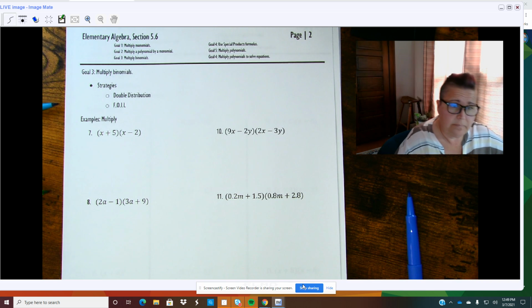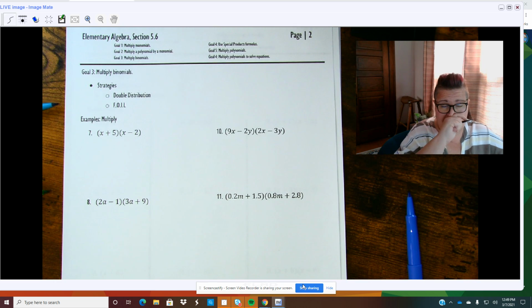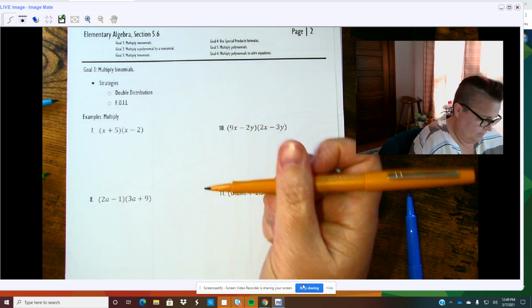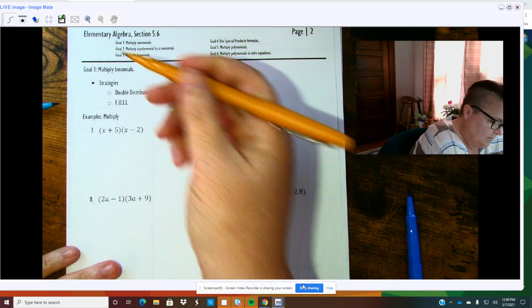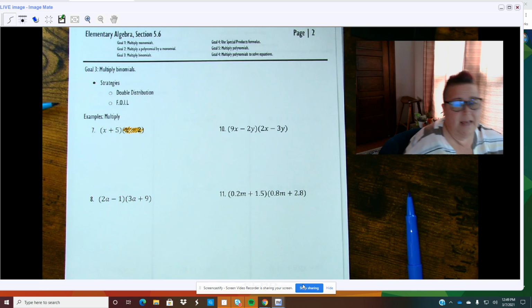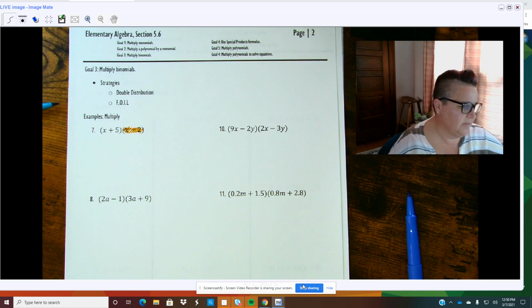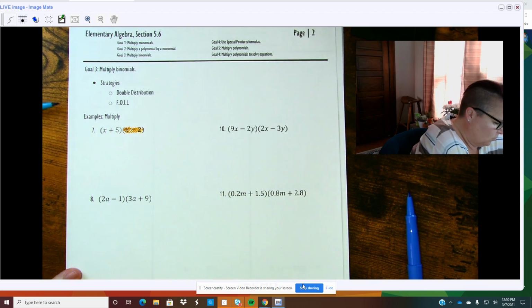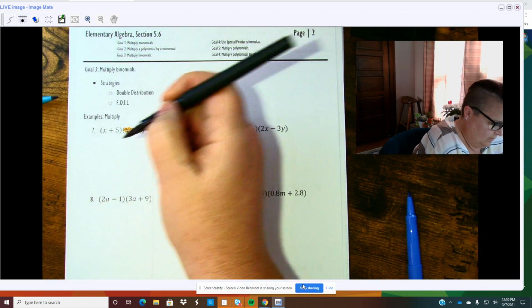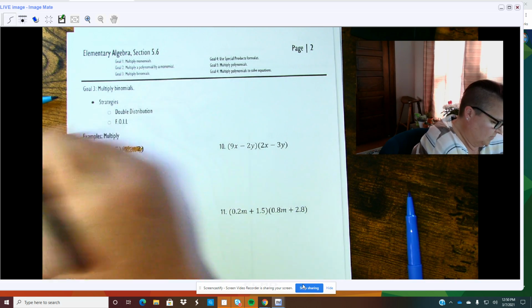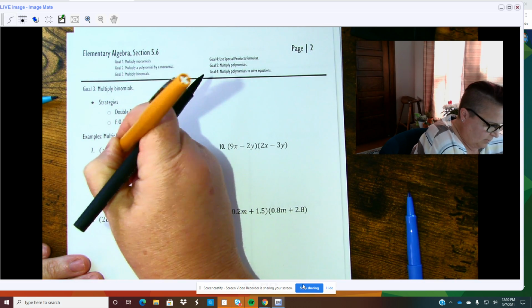All right. I'm going to start with the double distribution. So the double distribution basically treats that second piece, I should have done a lighter yellow, but it treats it as one term. So what we'll have is x times the x minus 2.